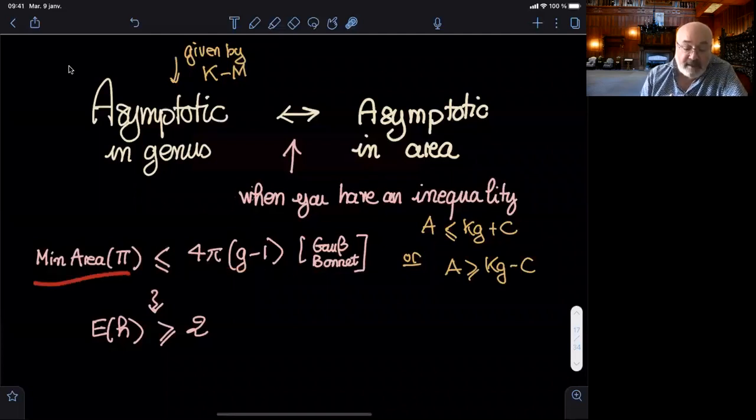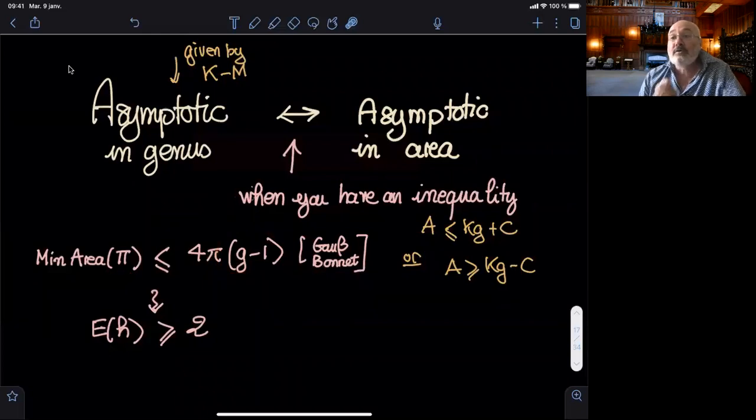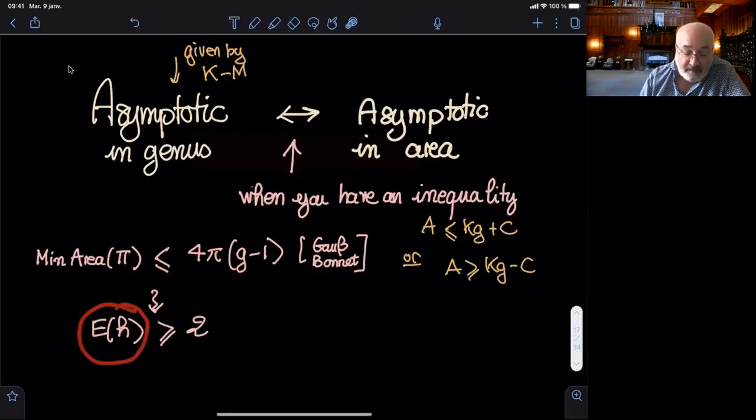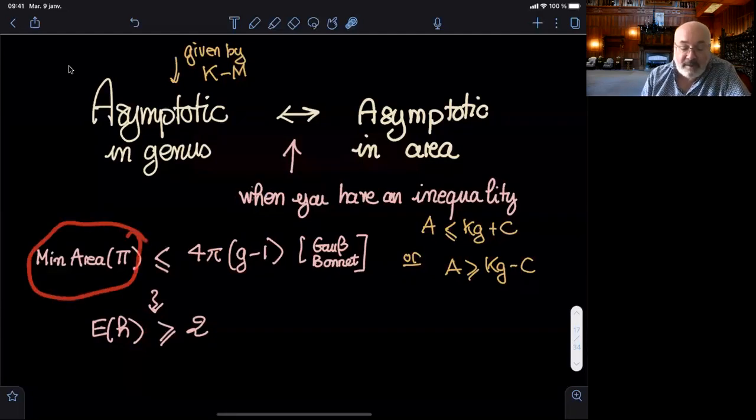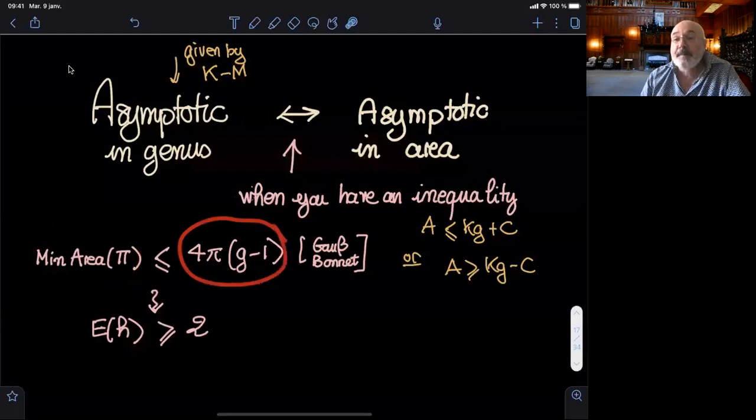From this inequality and the asymptotic counting with respect to the genus, you obtain this inequality, right? So most of the inequalities you get come from a very nice observation about the relation between the minimal area and the genus.